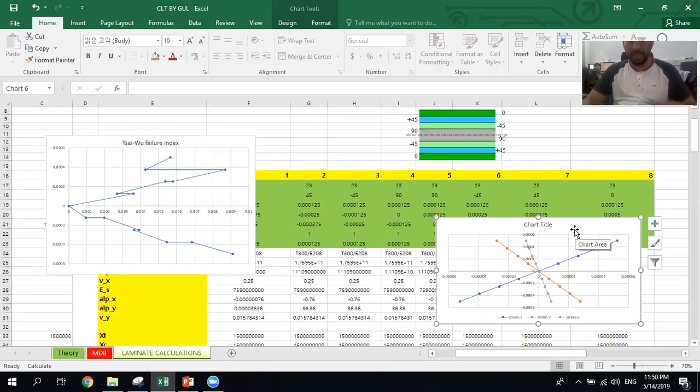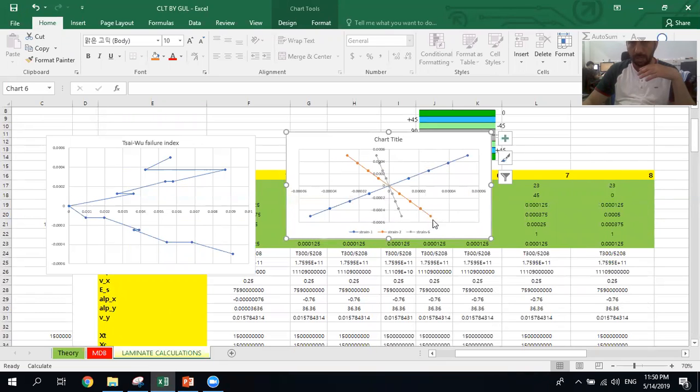I will not go into much detail or discuss all the aspects of this tool, but I just want to emphasize how the knowledge of CLT is important for designing a composite structure.